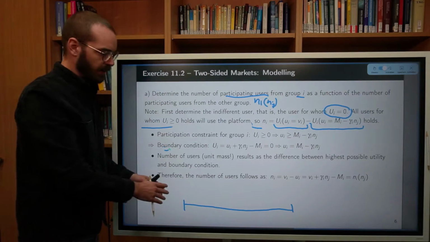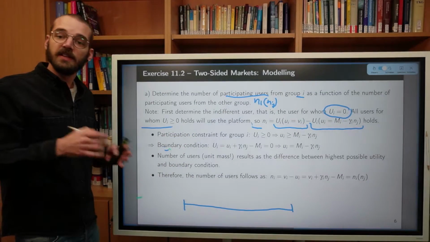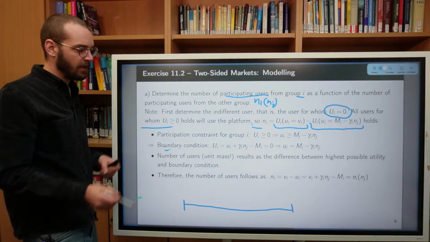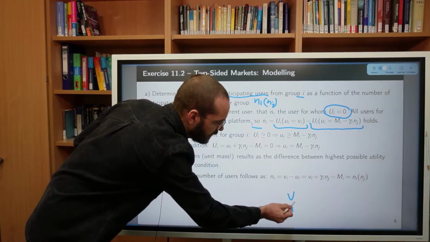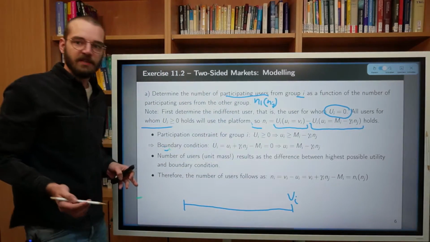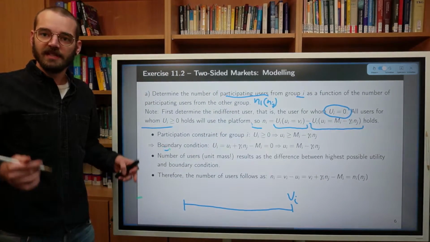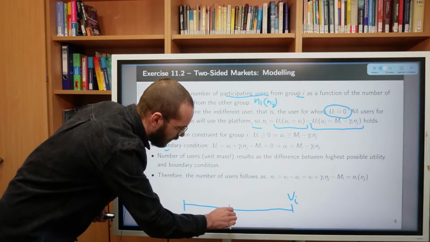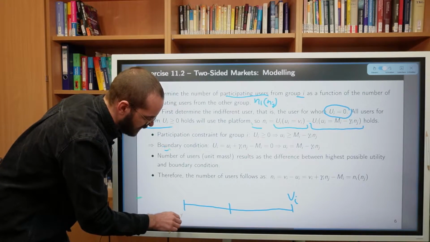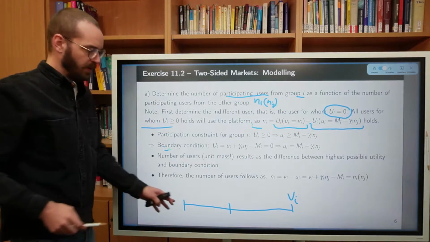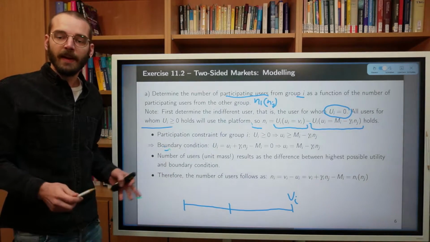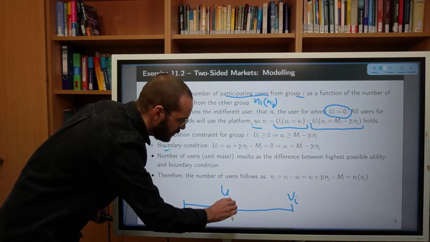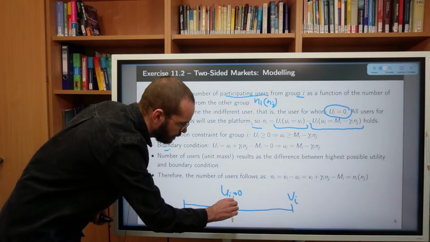this to be the overall interval of achievable utility that a user may gain from participating in the platform. Well, then the maximum possible utility that you may gain is what we define as the upper limit of this intrinsic utility of any user. And then somewhere along this interval, where this is the least possible utility a user may get, we will find some capital UI equal to 0, right?